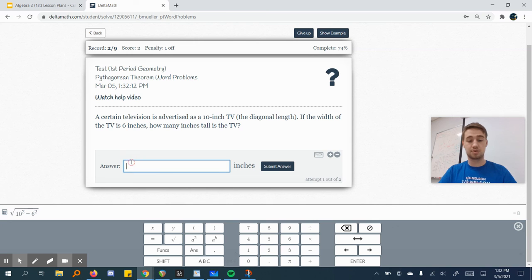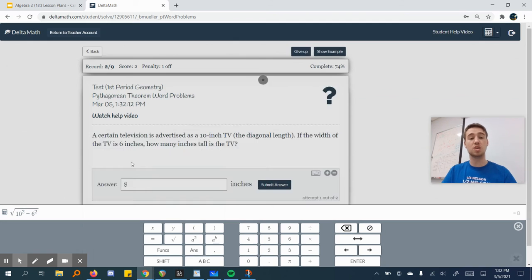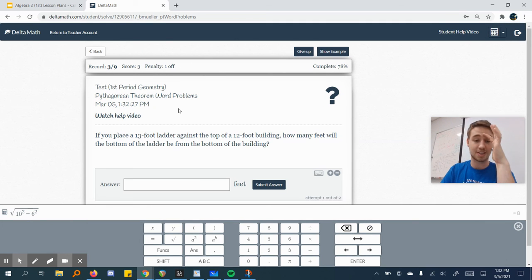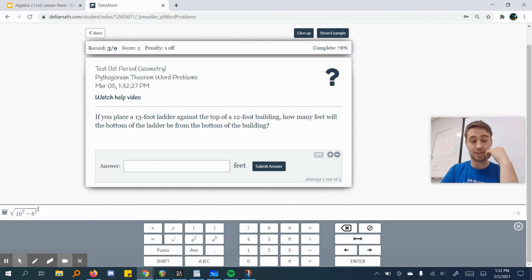So you're seeing that I'm going through these problems in a couple seconds each. Once you get what we're doing in this section, you're going to go through it this quickly. So you're going to do 13 squared minus 12 squared and take the root.